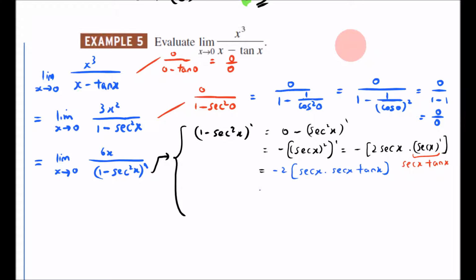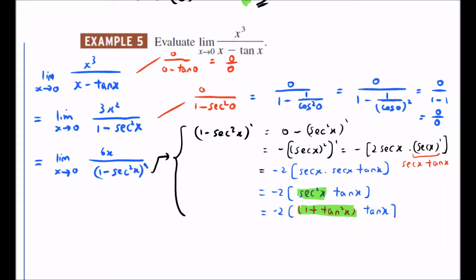So now further simplifying, we get secant square x. And then using the identities, secant square x will give you 1 plus tangent square x. So that is the formula for identities, times tangent x.